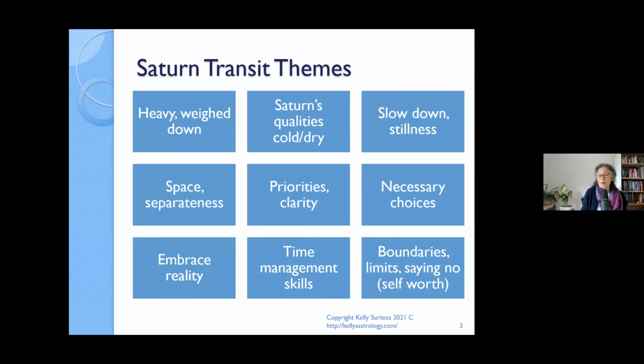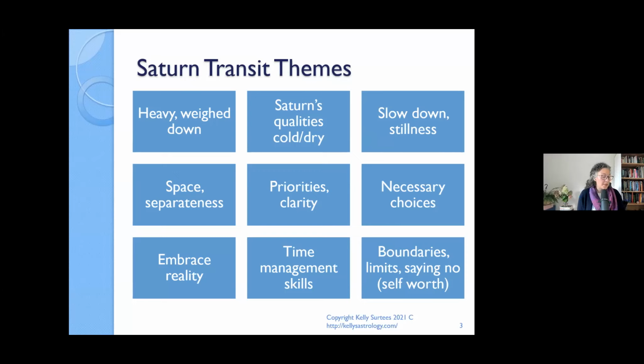Now, there are some common themes or common qualities or the tone of being in a Saturn transit that we're going to discuss. And this would apply to specific topics as indicated by the specific natal planet receiving the transit, but there is some common ground here.